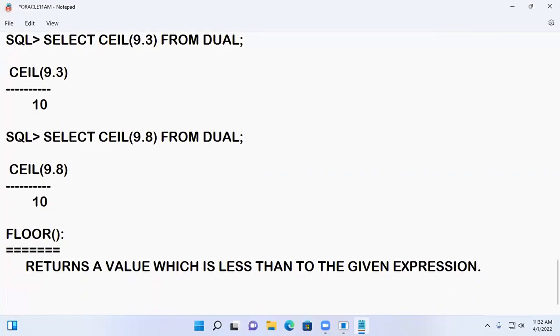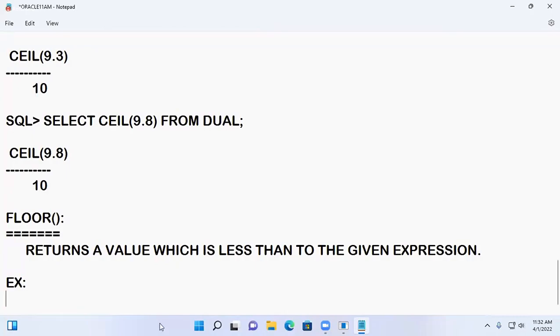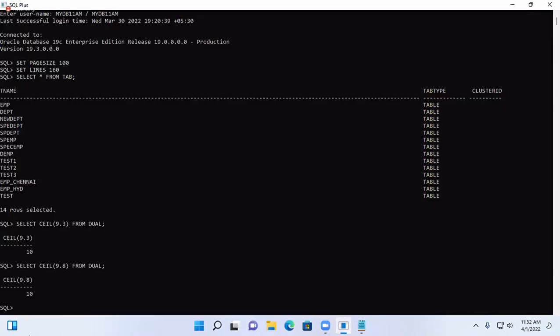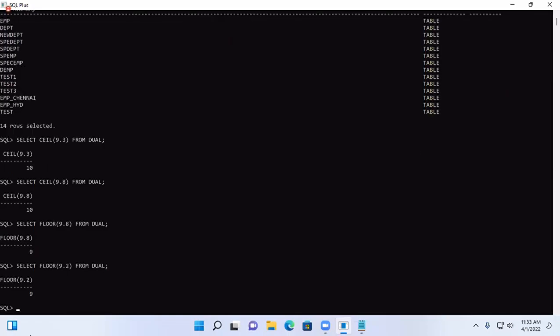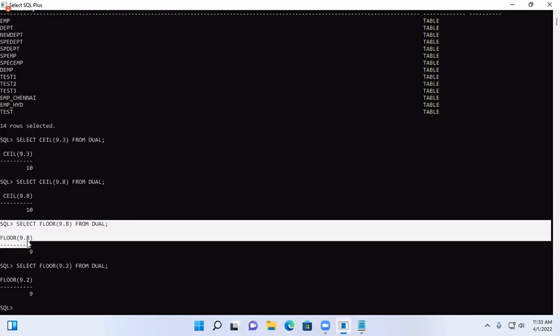So FLOOR is quite opposite of CEIL. Suppose I'm giving 9.8, it returns the lesser value, 9. Suppose I'm giving 9.2, it still returns the lesser value, 9. So this is how the FLOOR expression works.